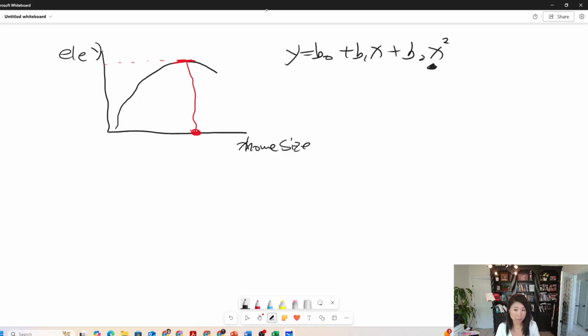One thing I want to emphasize is that b1 is the coefficient for x, and b2 is the coefficient for x squared. It does not mean b1 is the first b and b2 is the second; b1 is the coefficient for x, and b2 is the coefficient for x squared.